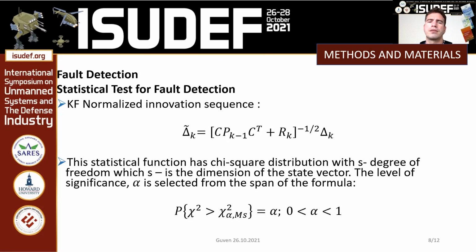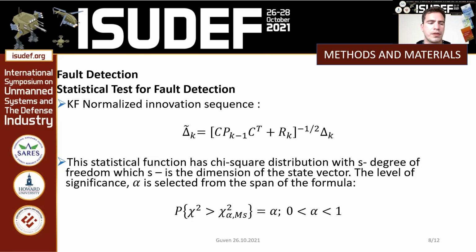Here you can see the innovation sequence calculation formula. This statistical function has a chi-square distribution with S degrees of freedom. Here S is the dimension of the state vector, which is 4 for us.